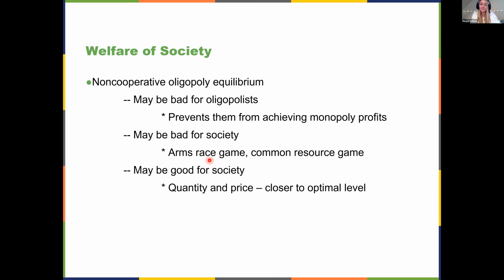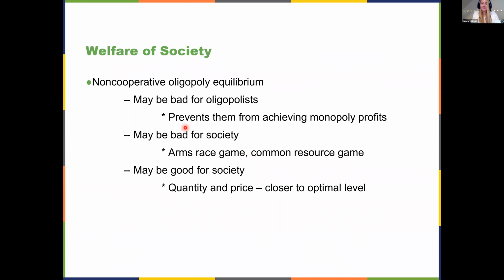It could also be detrimental to society if lakes are overfished, if common resources are overused, because not everyone gets to use the resource anymore. So again, non-cooperating oligopolists may be bad for the oligopolists. They don't get profits anymore. It may be bad for society depending on the type of industry and firms that are cheating in this agreement.